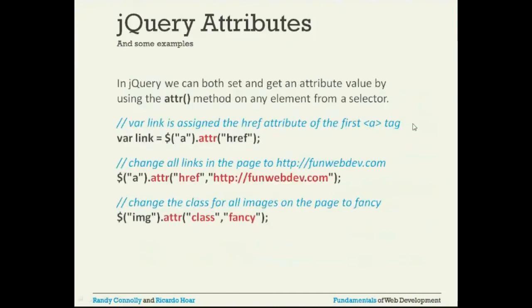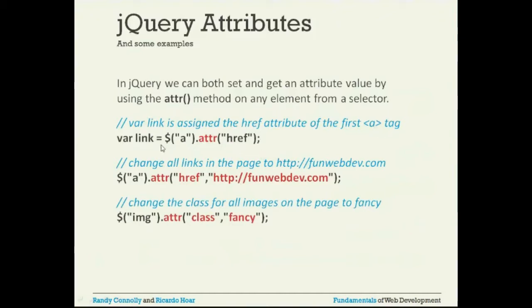In jQuery, we can both set and get the attribute's value by using the attr method. So this is the method using which we can both set as well as get the attribute. The same method is used for setting the attribute as well as getting the attribute. So this is var link assigned the href attribute of the first A tag.